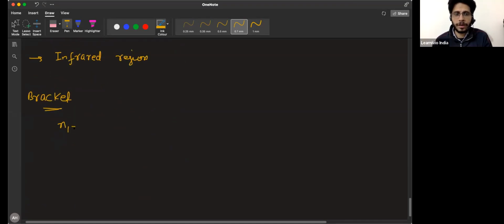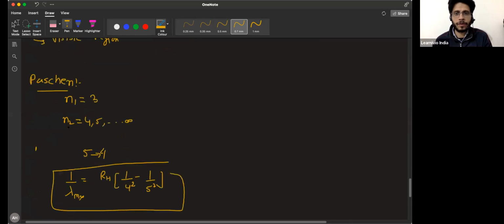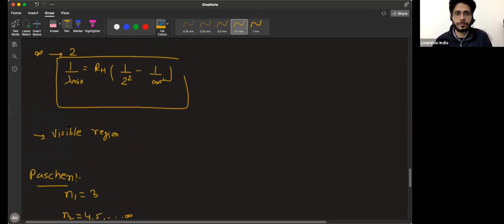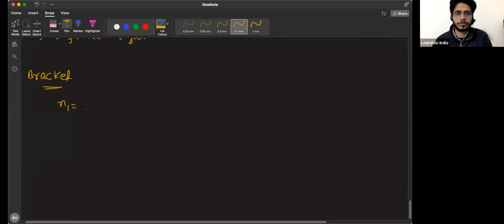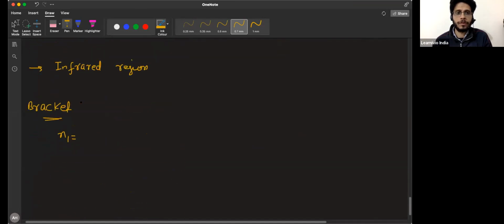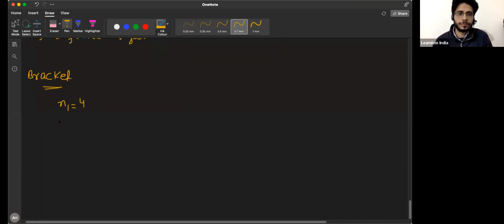In Brackett, your N1 is 4. Your N2 is 5, 6, 7 up to infinity. So the first transition is 5 to 4. So here wavelength is maximum.